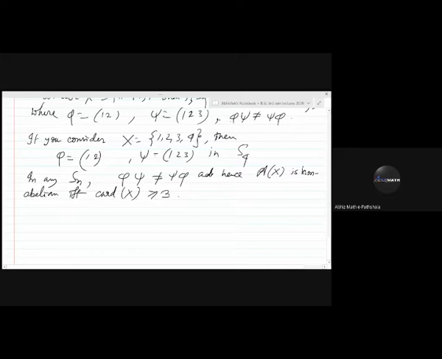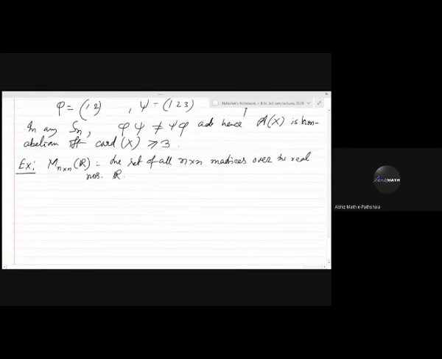Suppose you consider this set, that is the set of all n cross n matrices over the real numbers R. Then you can define two operations. One is addition and another one is multiplication.